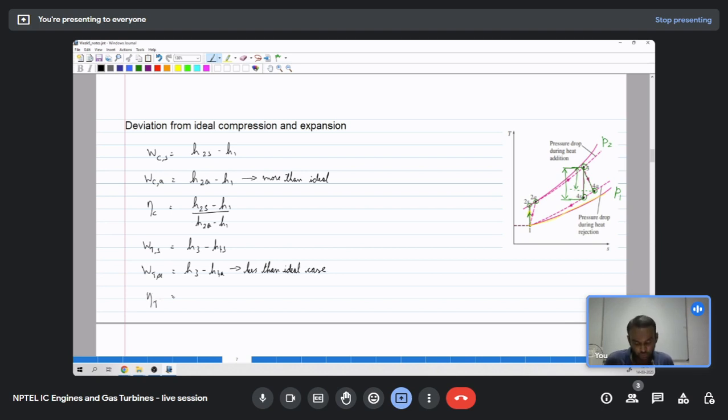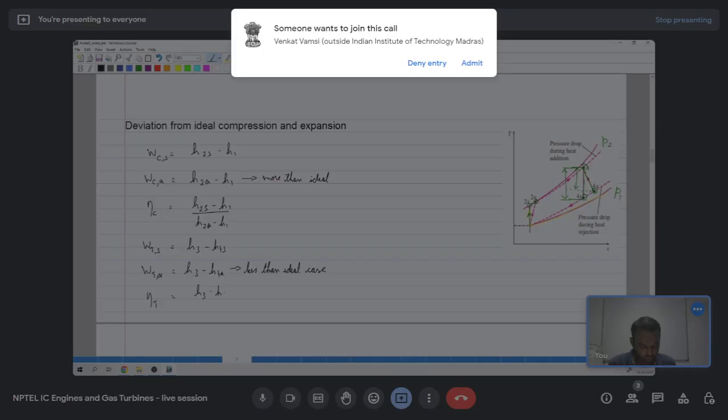If you define the efficiency of the turbine, it is the actual work output divided by the isentropic work output.